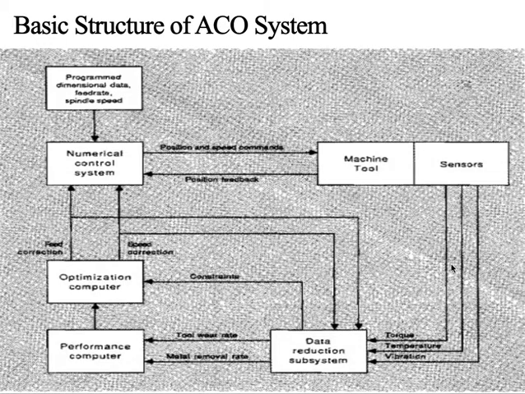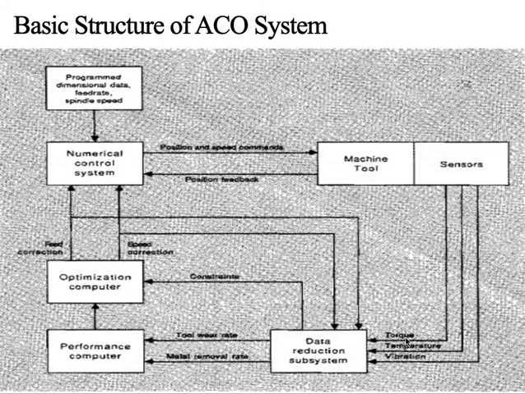The basic structure of the ACO system, this is what. Here if you see, program dimensional data, feed rate or speed rate, numerical control system here, the optimized computer and performance computer. From here the tool wear rate and metal removal rate you can get from the data reduction subsystem.